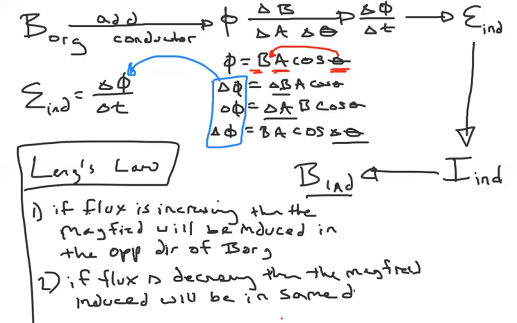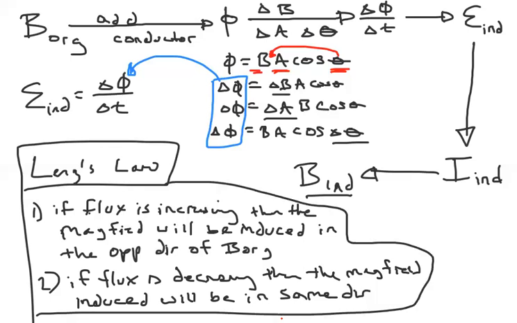Good job. Does anyone want to tell me why this happens real quick before we practice this? Like, why, when the flux is increasing, does the induced magnetic field go in the opposite direction, and when flux is decreasing, it goes in the same? Does anyone know?